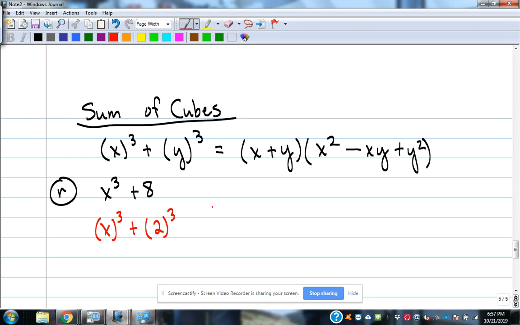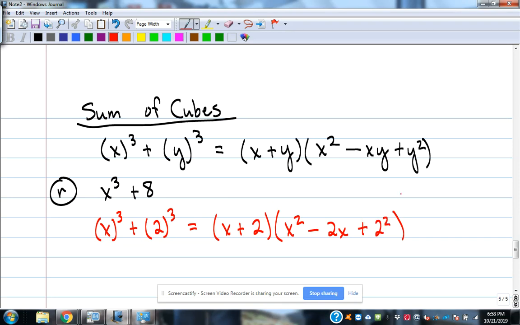So now I've rewritten it as a sum of cubes. I've got a long factor and a short factor. The short factor is going to have the x and the 2 in it: x plus 2, just like that. The long factor, you're going to have x squared minus x times 2, which is 2x, and then plus 2 squared.